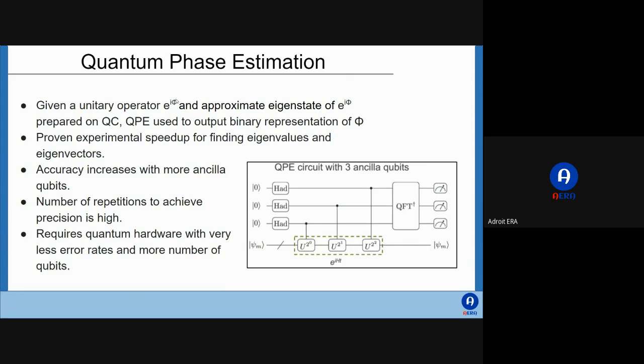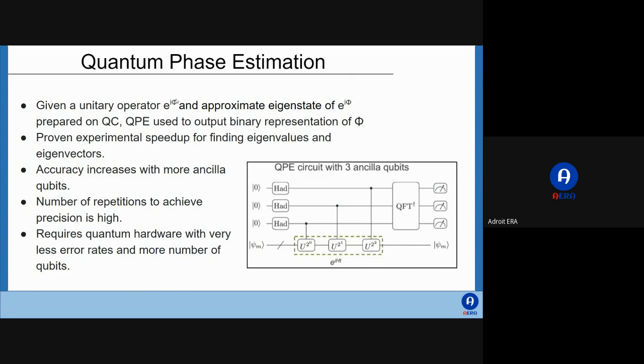So why are we using this? It is proven that there is experimental speed up for finding eigenvalues and eigenvectors using quantum phase estimation. You can also use other extended versions, so why are we particularly using quantum phase estimation as an extended version of variational quantum eigensolver? Because it has been proven that it showed experimental speed up in finding the eigenvalues and eigenvectors of a particular molecule.